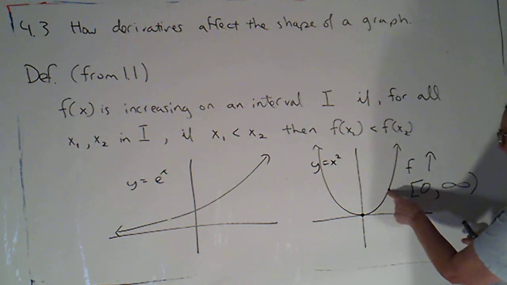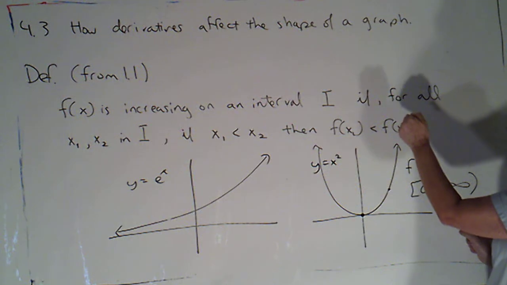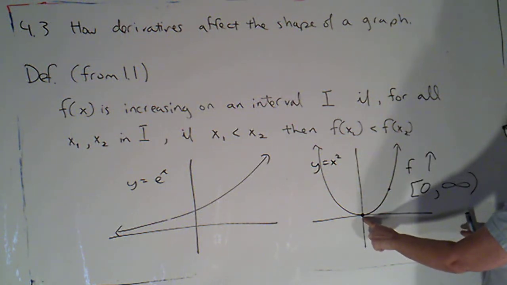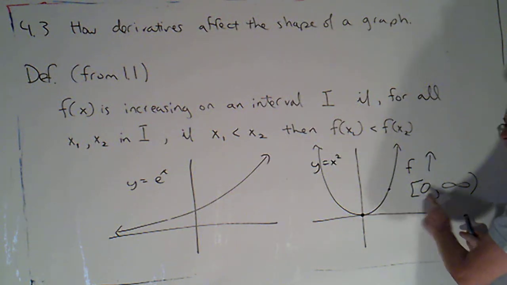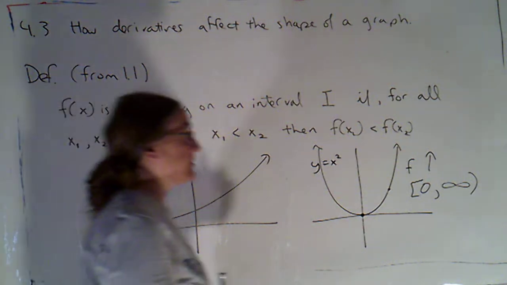I would sort of argue that at this point, the function is actively increasing, because as we pass through that point, we're moving up. Here, the function is not actively increasing as it passes through that point, but yet I include it in the interval over which I say things are increasing.